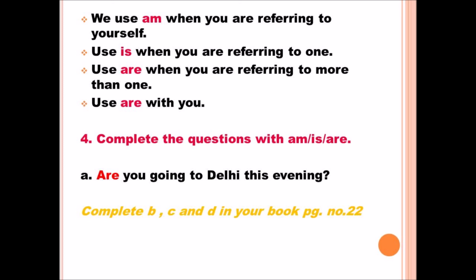So the subject you is given. What is the be form of verb we use for you? Right, are. So we have used are for you. Are you going to Delhi this evening? So this is how we have to complete this exercise. I have done A for you and you have to complete B, C and D in your book, page number 22.